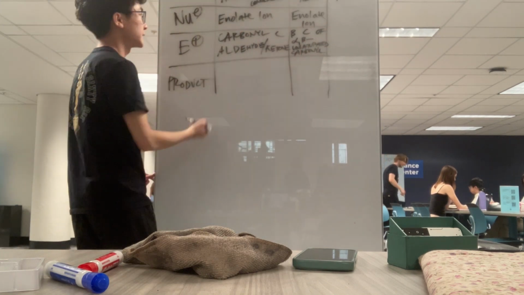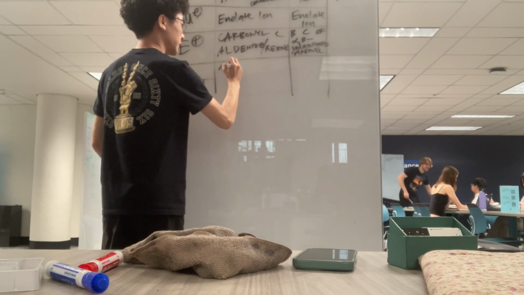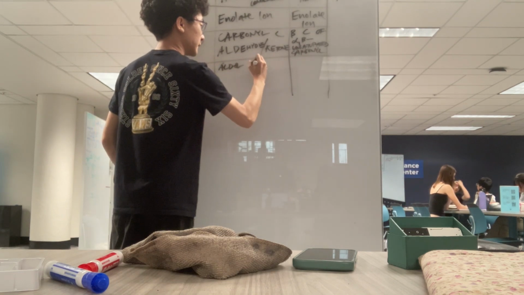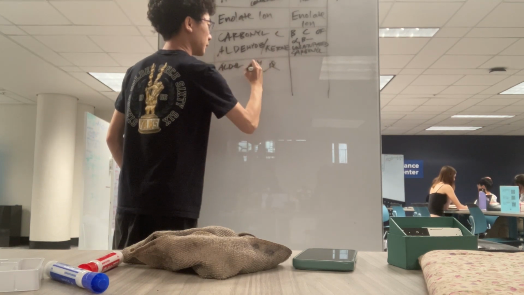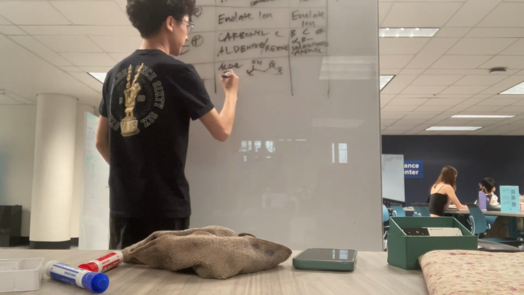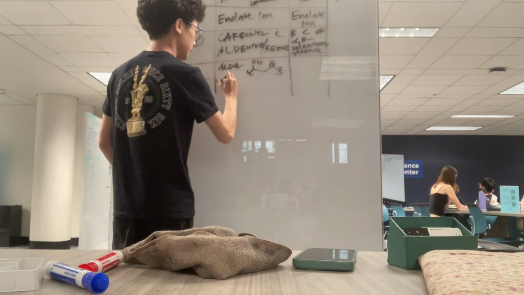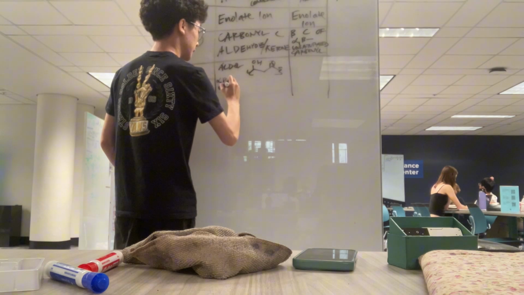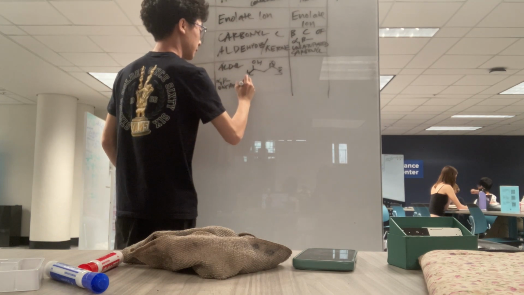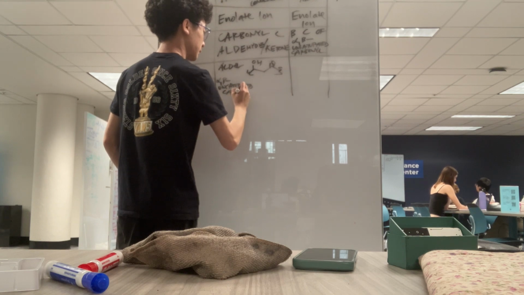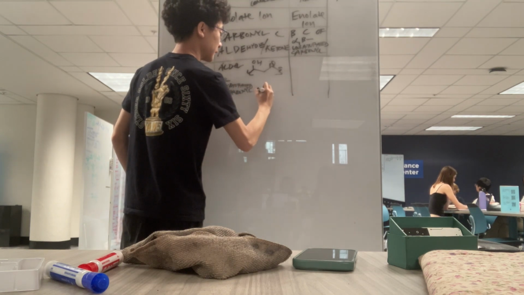The product for aldol addition is an aldol, which looks like this. The product for aldol condensation is an alpha, beta unsaturated carbonyl, which looks like this.